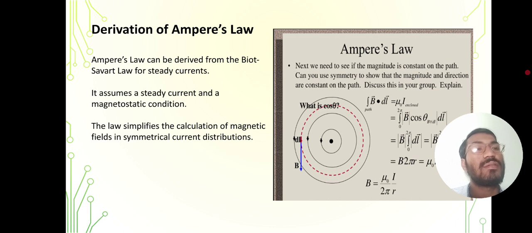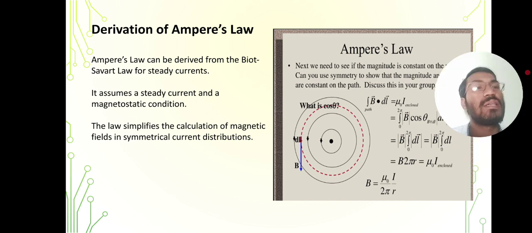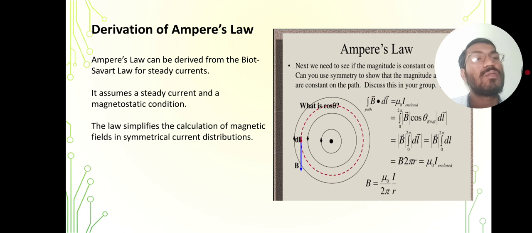Applying the limits 0 to 2 pi, B cos theta dl. B is a constant, so it comes outside: B times the integral from 0 to 2 pi of dl. B times 2 pi r is equal to mu naught times I enclosed. B is equal to mu naught I by 2 pi r.